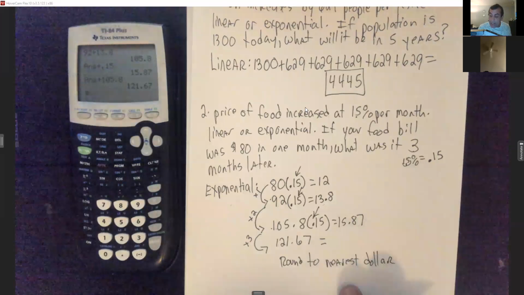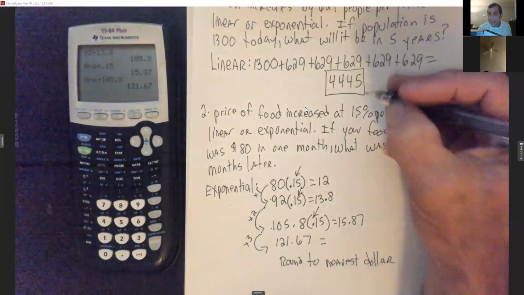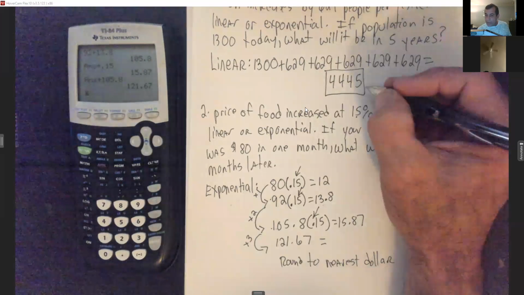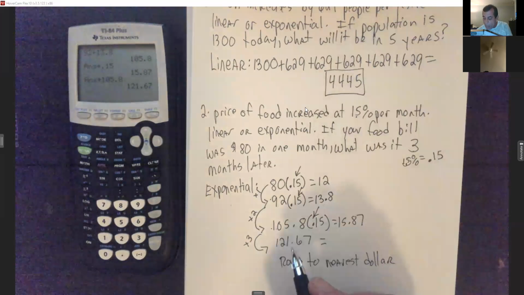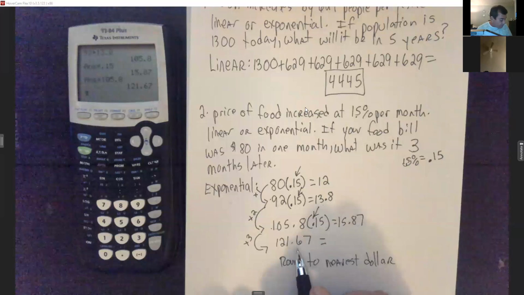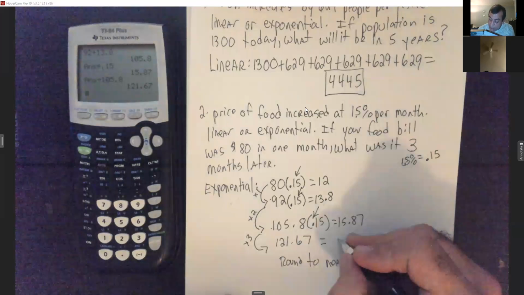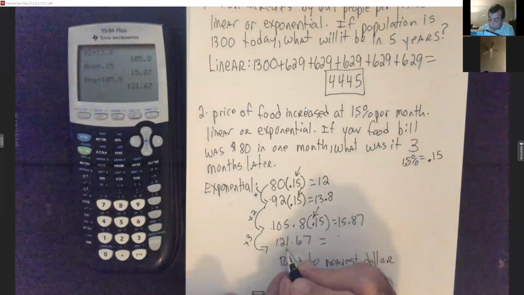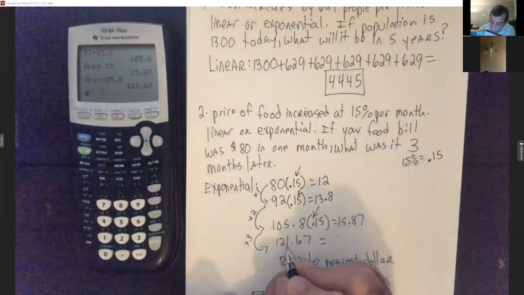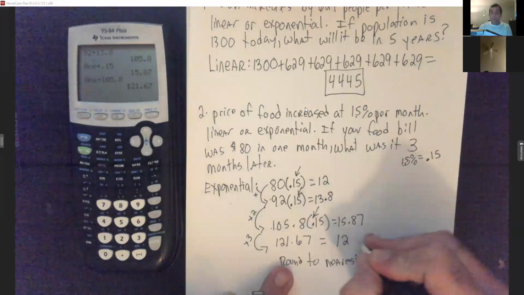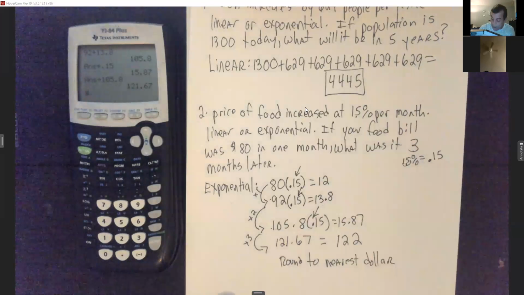First one didn't tell me nothing because it didn't end up in decimals and they knew that. This one, when it rounds into decimals, they might want you to round it to the nearest cent or the nearest dollar. This one wanted the nearest dollar. So that's in the dollar spot. So since that's a 6, I'm going to round that 121 up to a 122 final answer.